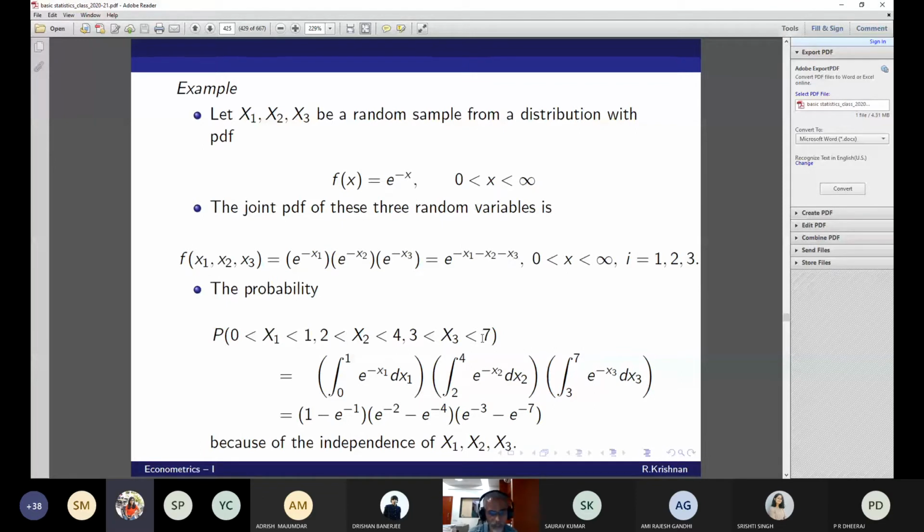It's given a random sample, so it is independent. So the probability that 0 less than x1 less than 1, x2 is between 2 and 4, x3 between 3 and 7 can be written this way, which you can calculate this way. In this type of questions, if you come up to this, that is fine for me. It's straightforward.